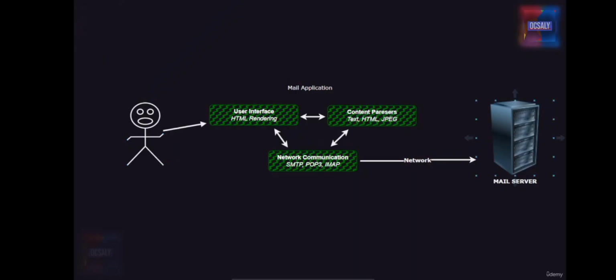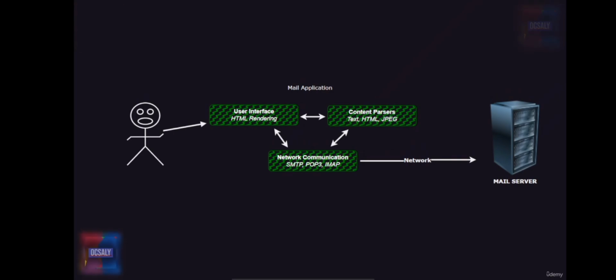Typically, applications contain these components. First, the network communication. This component communicates over the network and processes incoming and outgoing data. For an email application, the network communication is most likely a standard protocol such as SMTP, POP3, IMAP, or others. We also have the content parsers. Data transferred over a network usually contains content that must be extracted and processed.